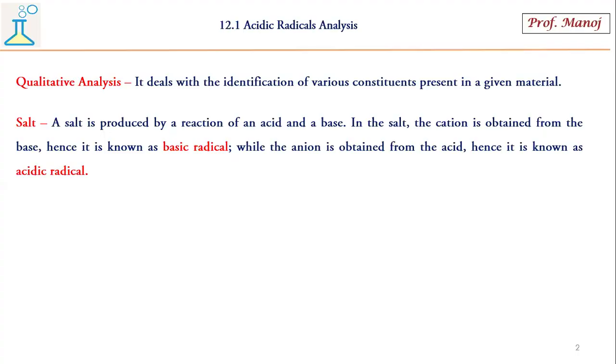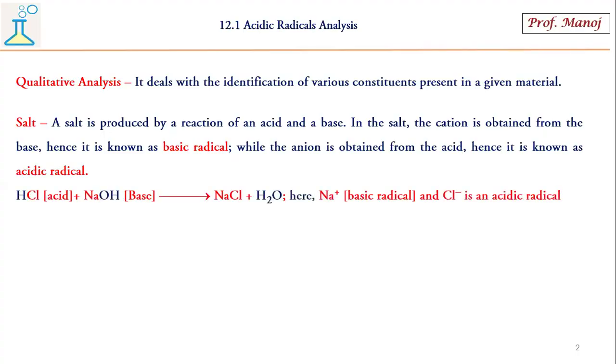Now you are aware that whenever an acid is treated with a base, the product is called salt. Now in acid, whatever radical you can see, for example, in HCl, I can see a chloride radical over there. So we will call this the acidic radical.